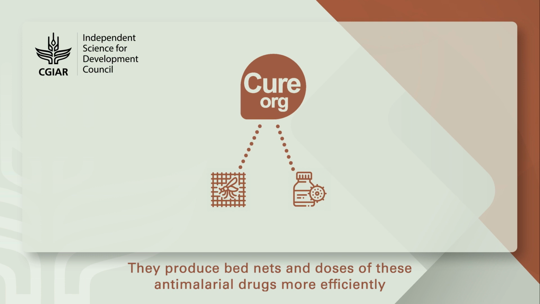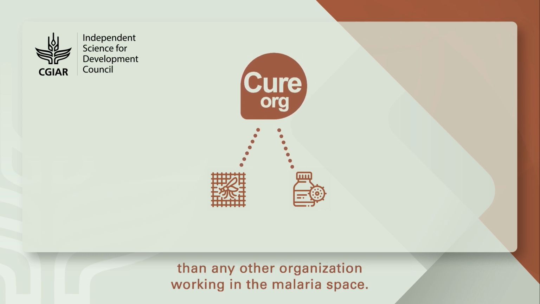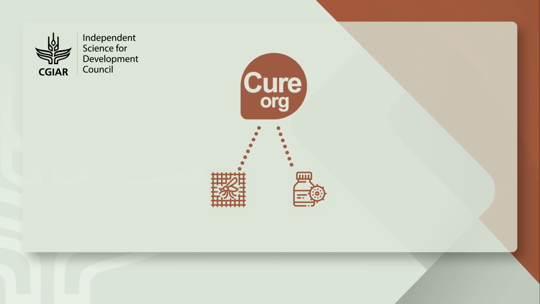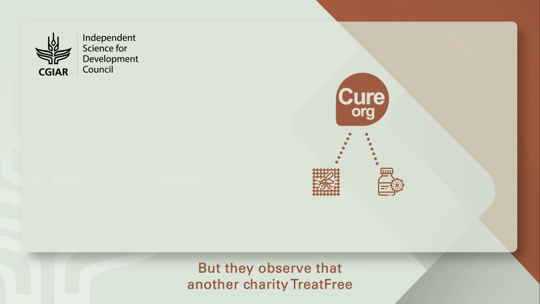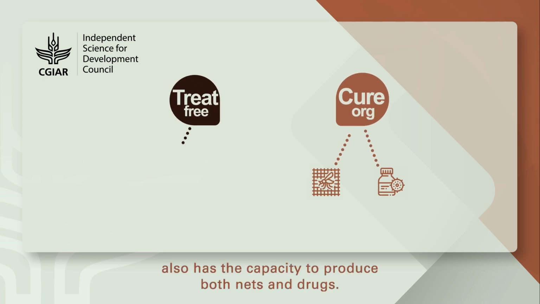CURE.org produces bed nets and doses of these anti-malarial drugs more efficiently than any other organization working in the malaria space. But they observe that another charity, Treat Free, also has the capacity to produce both nets and drugs.